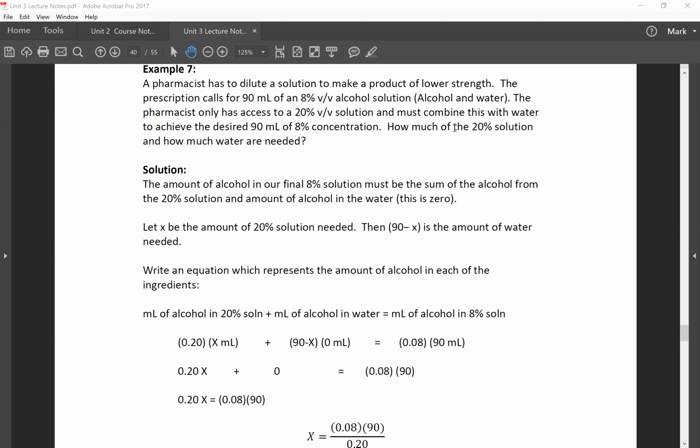Again, this is a lot of language for a very simple question. I'm trying to make 90 milliliters of an 8% solution.